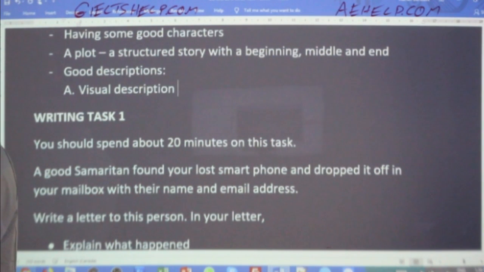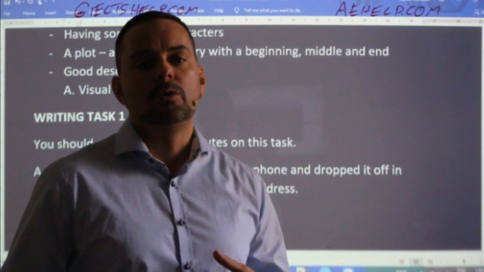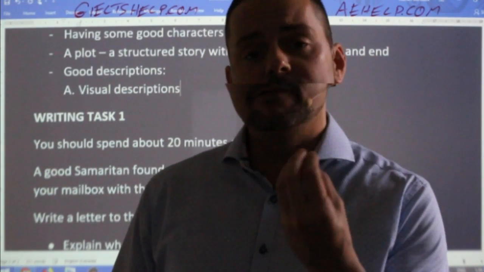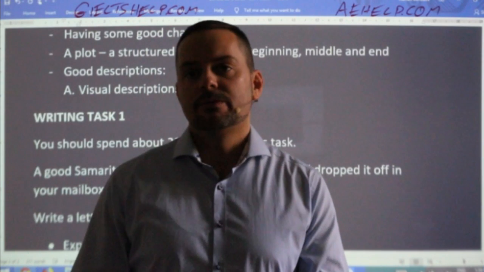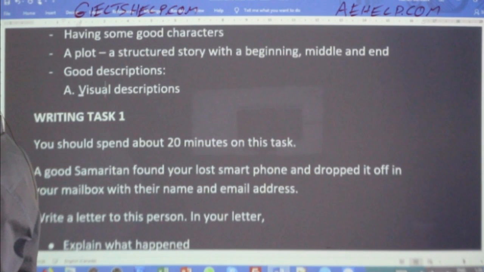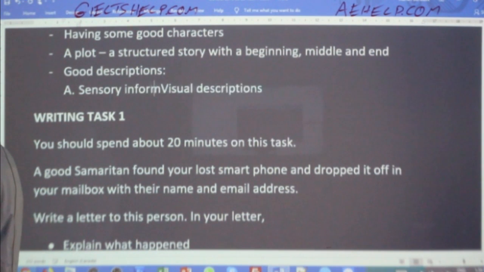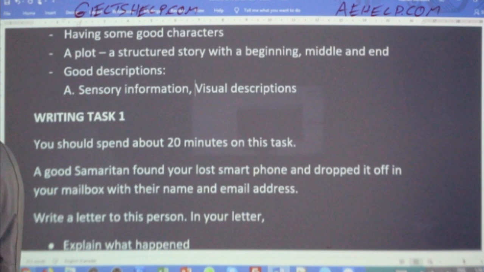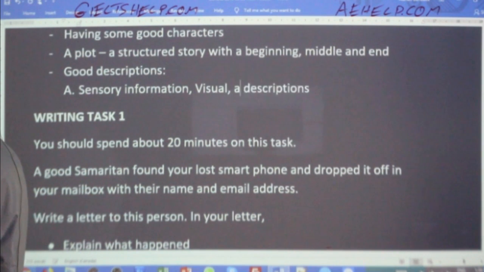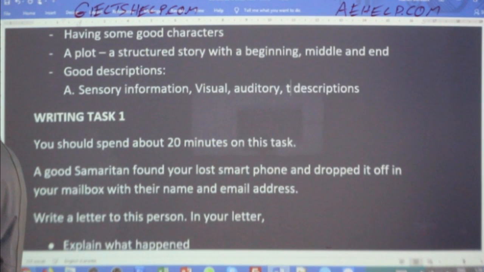Okay, so Patricio says visual descriptions. Yeah, so we use our eyes mostly to see the world around us. So we need to use visual information. Right, Patricio, there is a more technical way. It's called sensory information. So visual, auditory, touch or tactile.